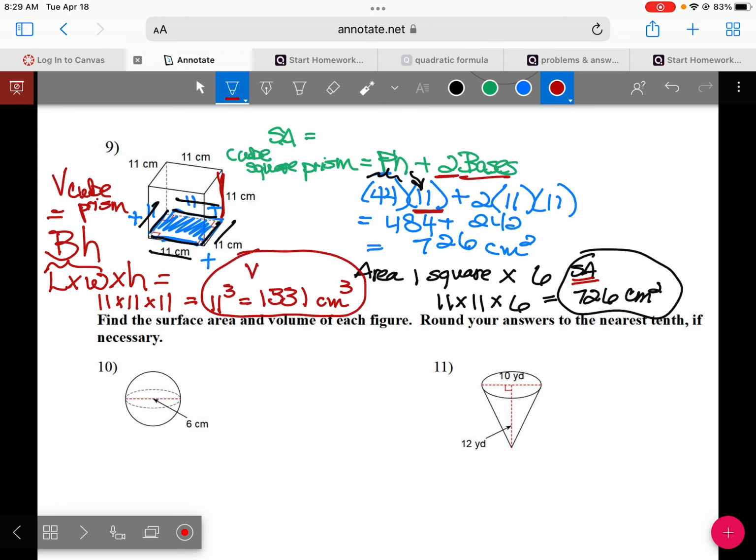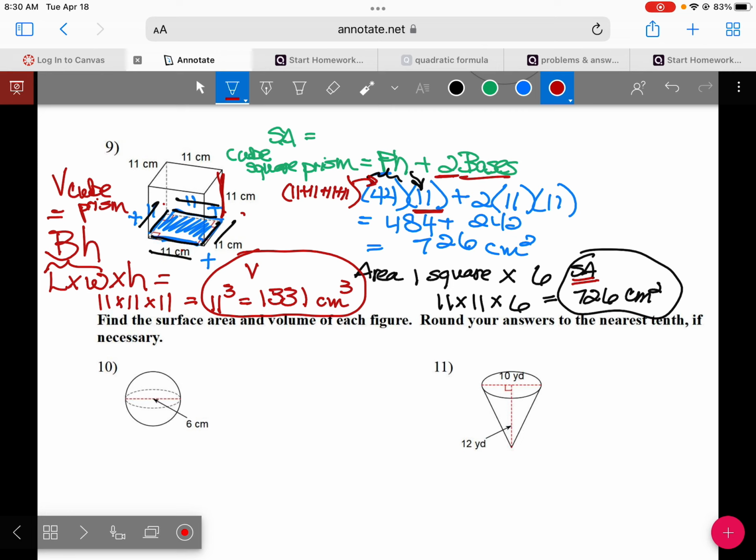I'm still confused. Okay. So the 44 is from the perimeter, which is the distance around the base. So 11 plus 11 plus 11 plus 11. So the perimeter you add first, and that's how I got 44. And then times the height of that cube, which is 11.